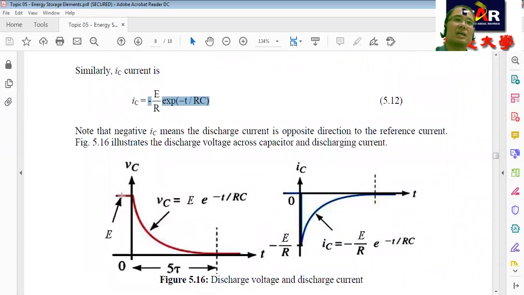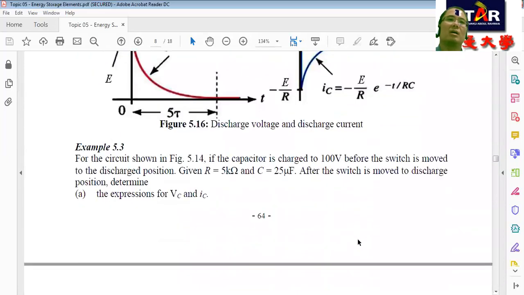This is capacitor discharging. From steady state fully charged, it then discharges. After 5 tau it becomes nearly 0. The discharging current is first at maximum, minus E over R, then becomes smaller and smaller. Then example 5.3 we will discuss in full lecture.